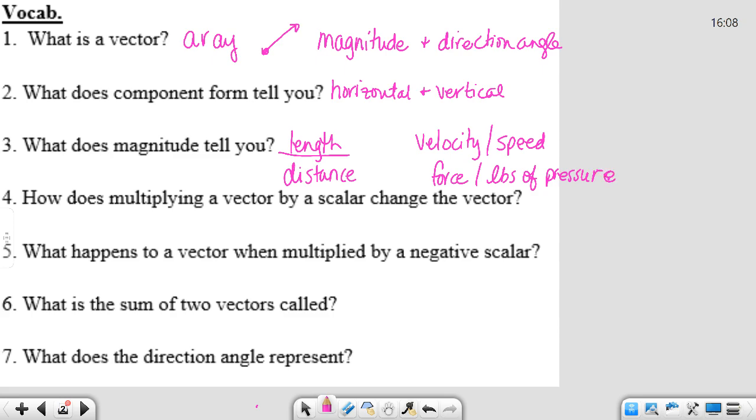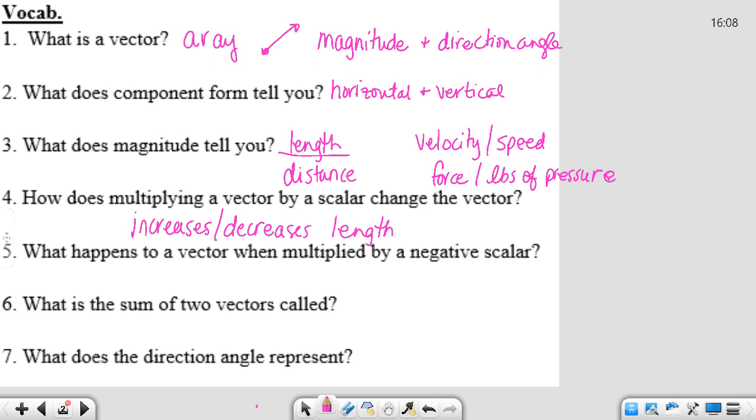All right, multiplying a vector by a scalar, how does it change the vector? It only increases or decreases its length. It will not change the direction angle because it's going the same way, just longer or shorter.